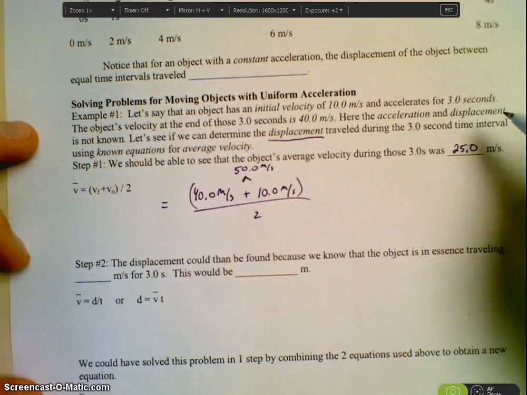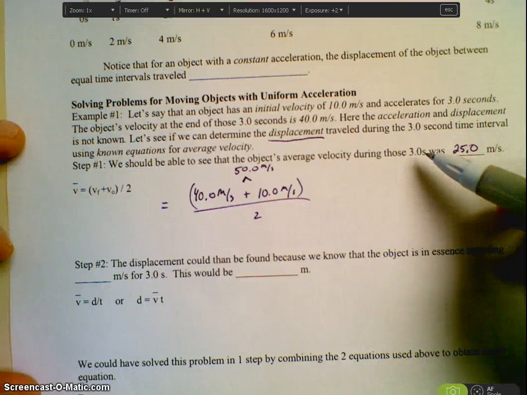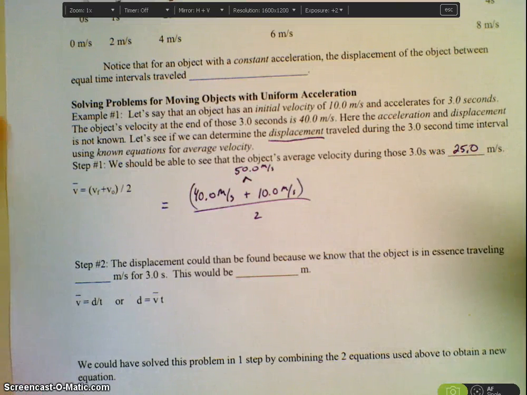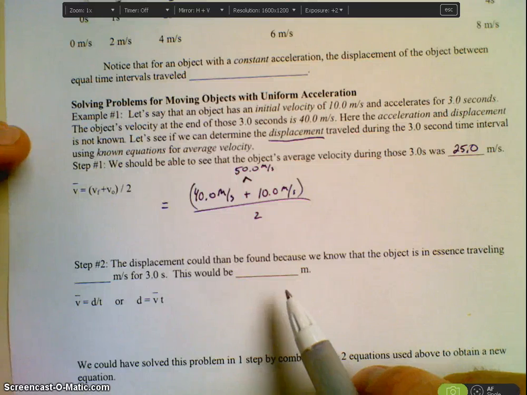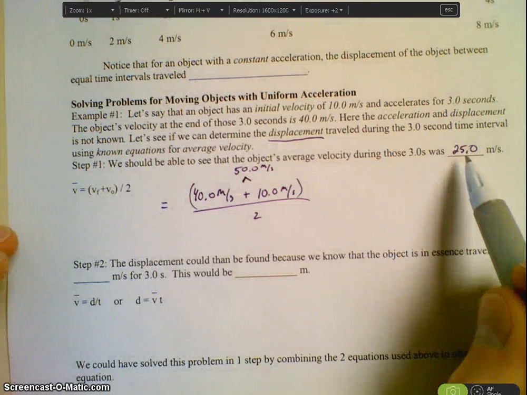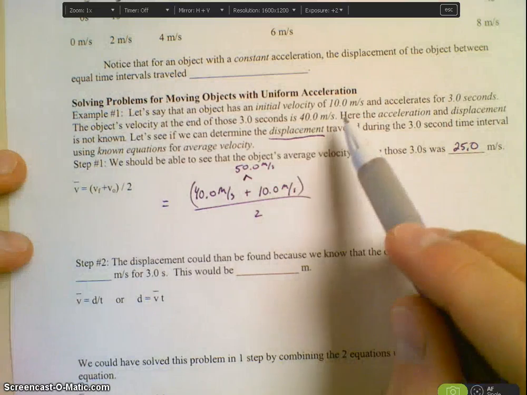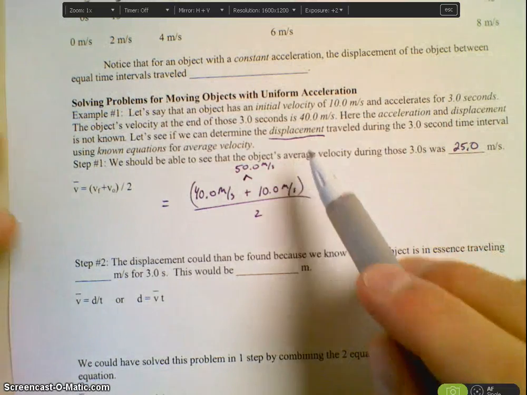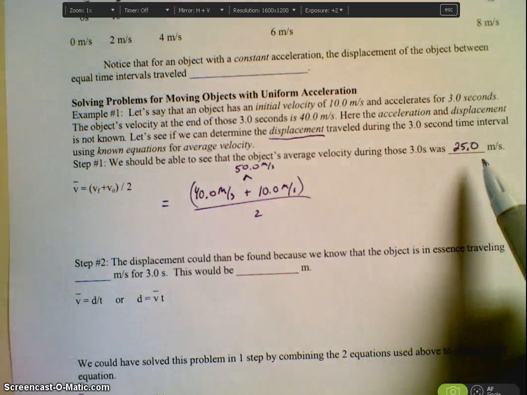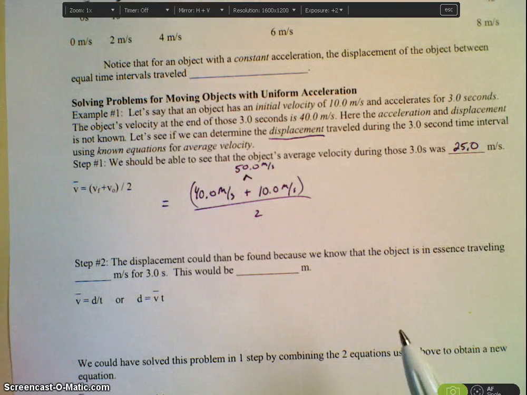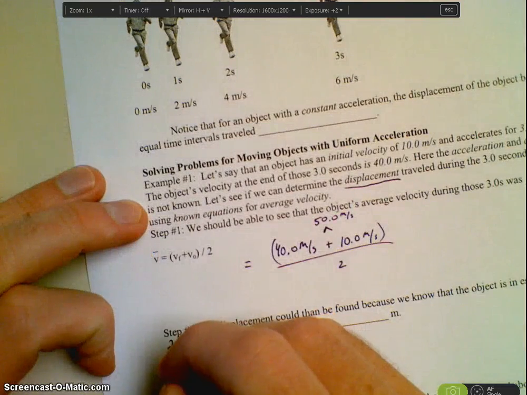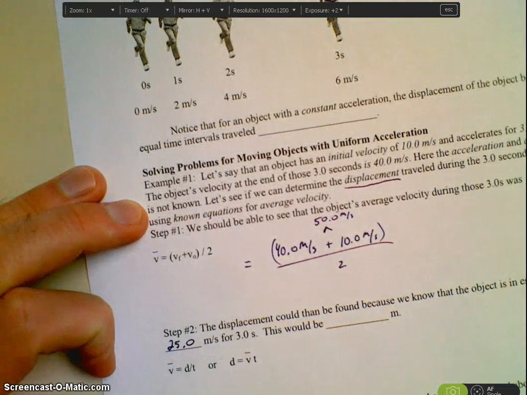If we then take that average velocity during the 3 seconds, how far did it go? Well, if this is the average, we can assume that this is the velocity the entire time. So instead of actually accelerating from 10 to 40, we could treat it as just moving at that velocity the entire 3 seconds. So it's essentially traveling 25.0 meters per second for 3 seconds.